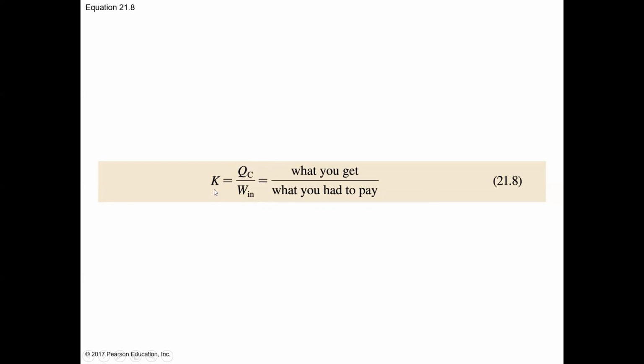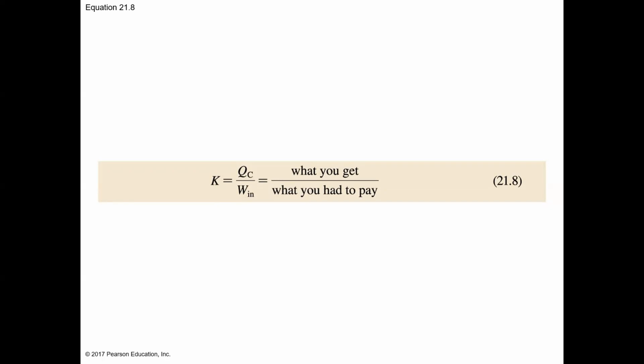They're using the letter K for the coefficient of performance. I think it's often abbreviated COP in manuals. If you pick up a manual for a refrigerator or the technical specifications, they'll probably call it COP, coefficient of performance. So it's like efficiency, but it's technically a different definition.